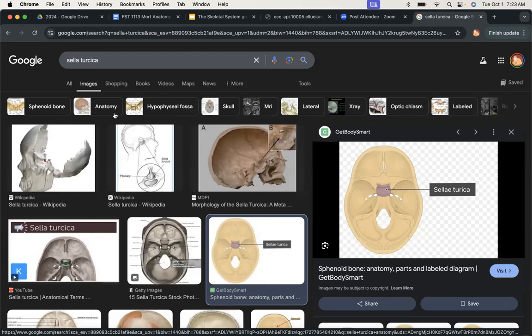And then the sphenoidal sinuses. So those are going to be the air canals in there. And foramina of the sphenoid. This is where blood vessels will pass through. For the ethmoid, the features of the bone we talked about were the cribriform plate, the crista galli, and then there's, of course, sinuses as well.